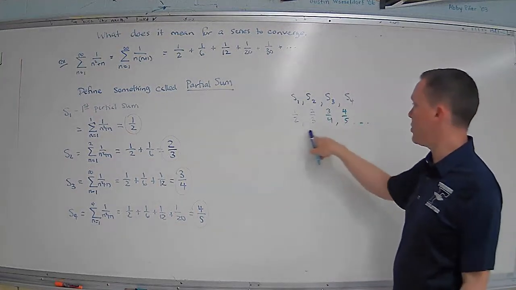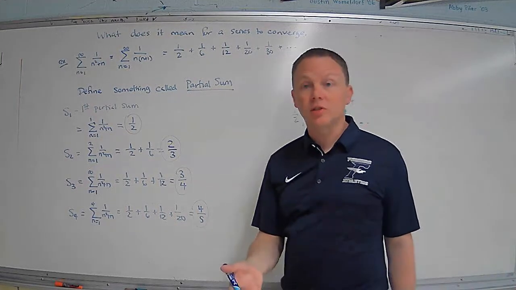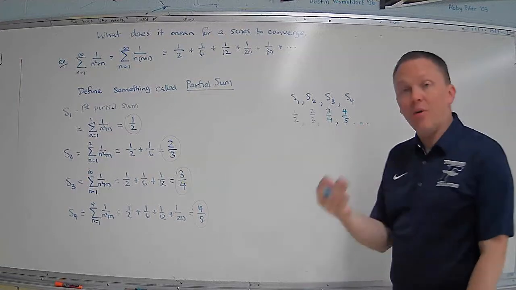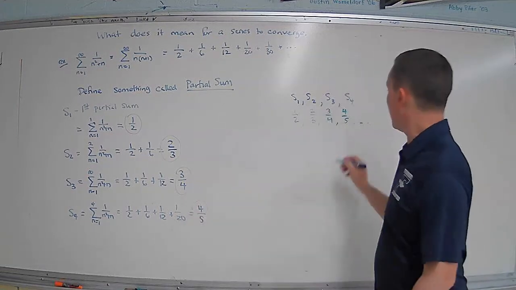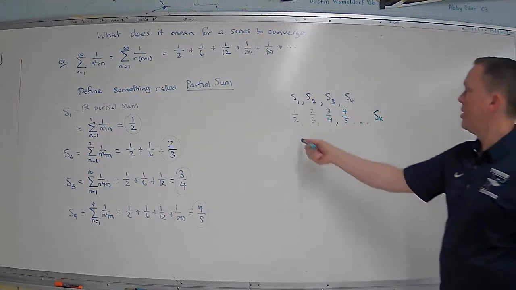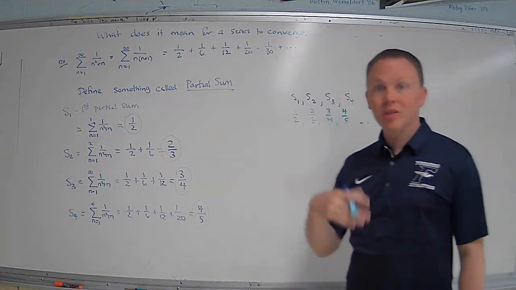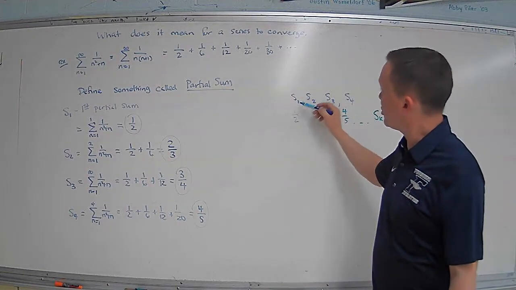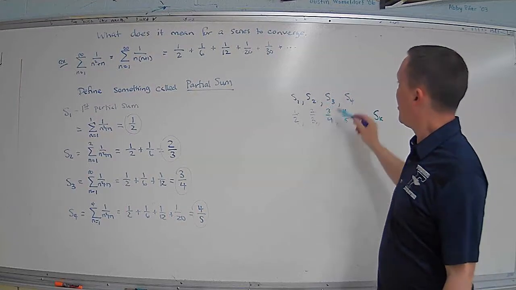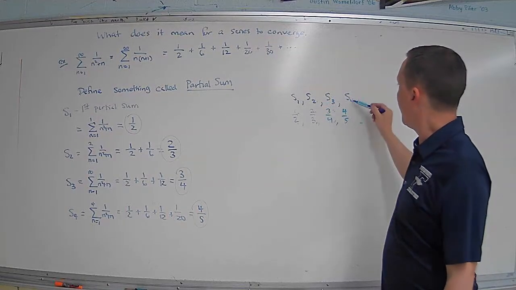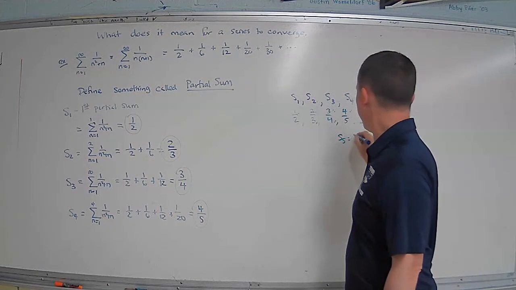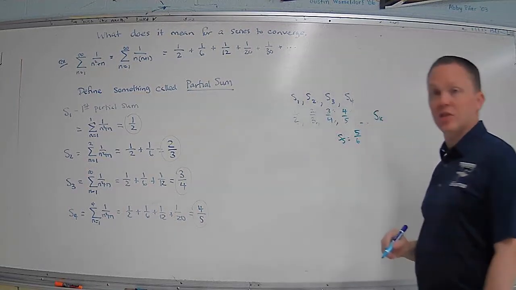We're going to think of this as a sequence. Does this sequence converge? Another way to say it is, if I just kept doing this arbitrarily, what's the kth term of this sequence? What seems to be happening? The first partial sum was 1/2, the second 2/3, the third 3/4, the fourth 4/5, and just for fun, the fifth was 5/6.